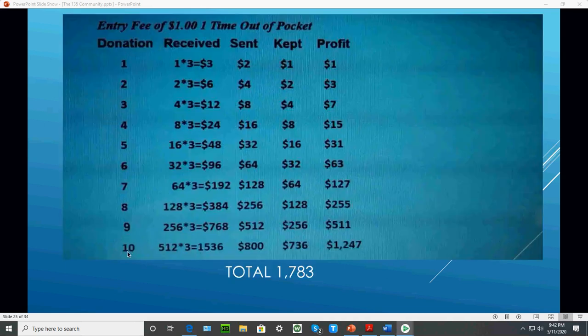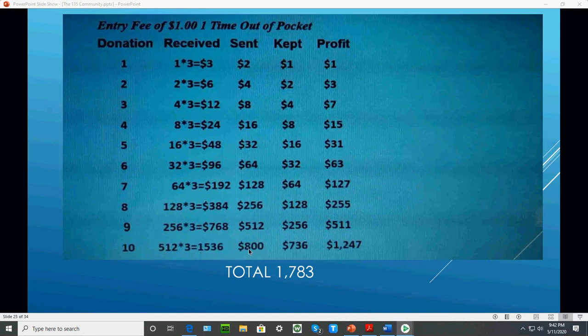Now, donation day 10. In 5 weeks, donation day 10, Monday or Thursday, those are the days that we donate, right? The 3 people in the $1 process are now going to donate to you $512 each. That's $1,536 that you're taking in.